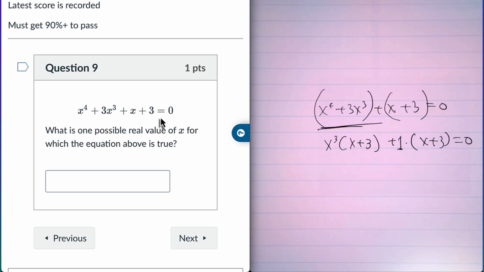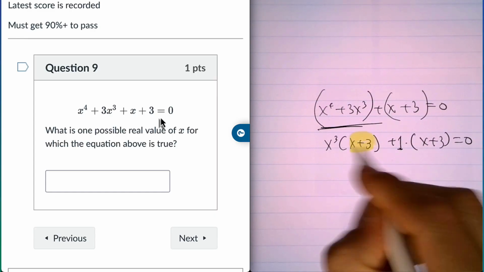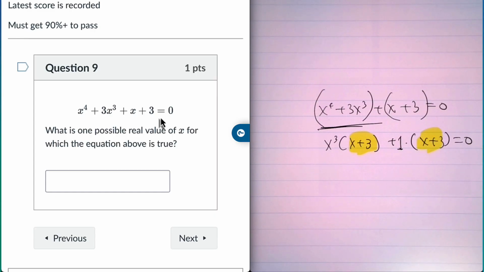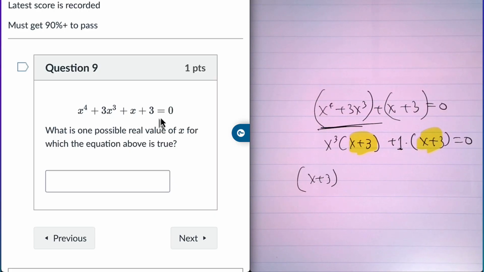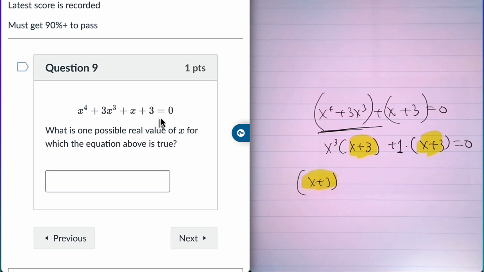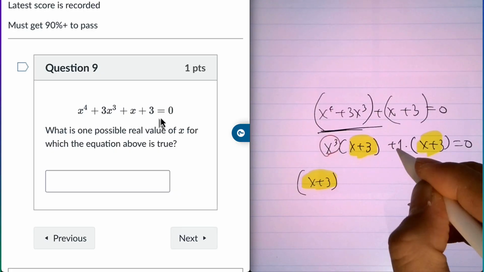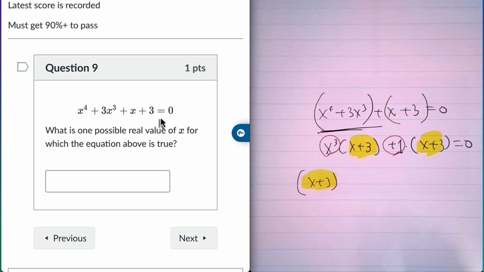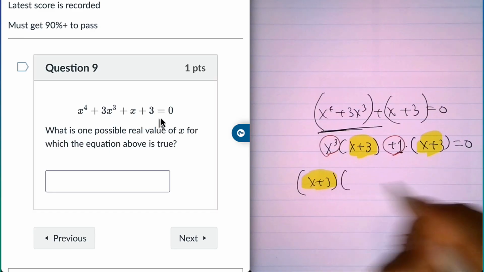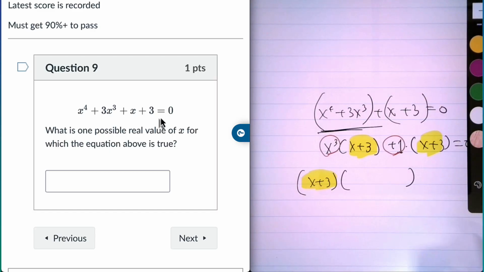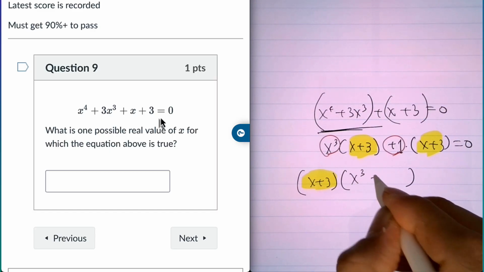If you remember the distributive property, x plus 3 will be the greatest common factor that can be pulled out. So I'll highlight that. And this x cubed and plus 1 are the terms that go into the second parenthesis. So we can write x cubed plus 1.